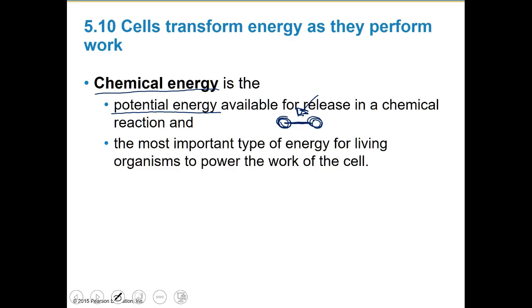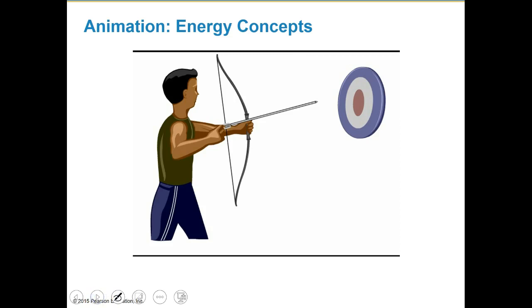So there's potential energy stored in bonds. Chemical energy is the most important type of energy for living organisms to power the work of the cell. There's chemical energy stored in foods even. It has the potential to release energy to energize you. That's why we eat.